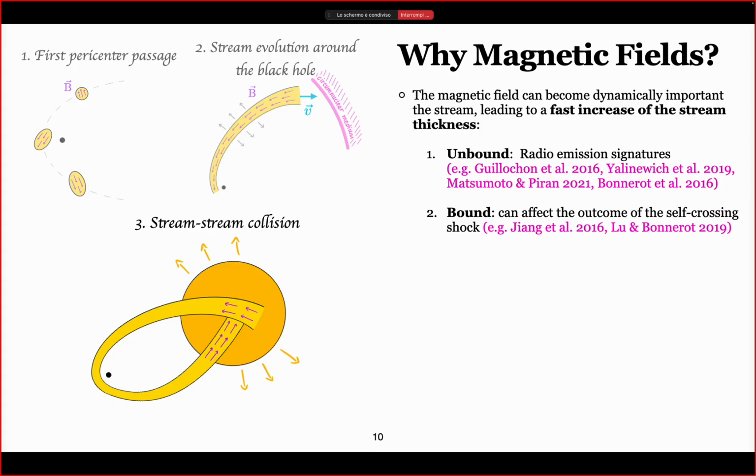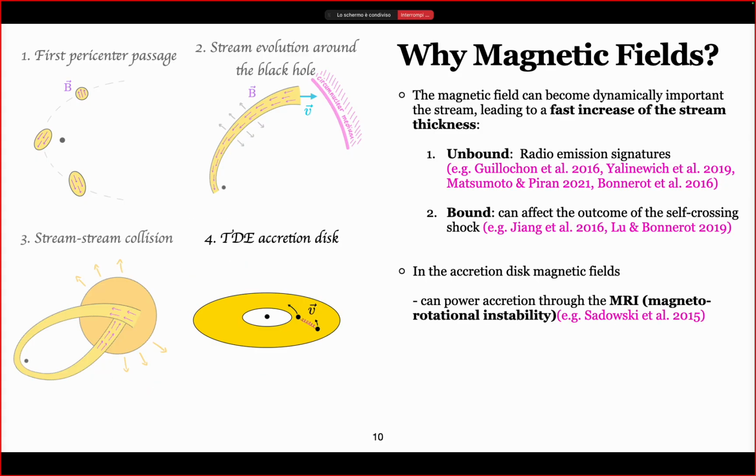Instead, the bound part of the stream, when it comes back to the black hole, precesses, which leads to the stream-stream collision. Here, having a thicker stream could affect the hydrodynamics and so also the radiative efficiency of the shock. And this will eventually affect also the formation of the disk.